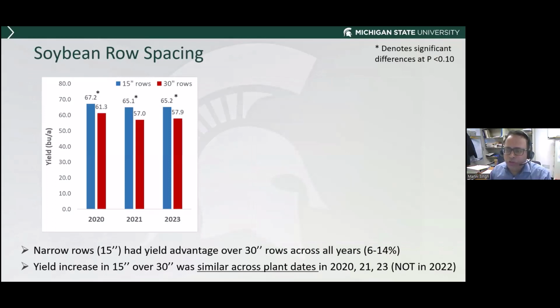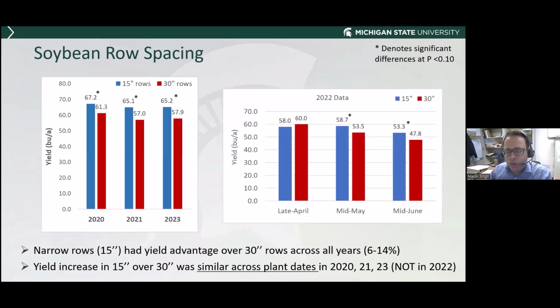Row spacing is another one that everyone thinks about, right? And now we have a lot of data showing that in soybeans, narrow row spacing, 15-inch rows, does benefit. Across the years, you can see 3 years worth of data here, where we had this 6 to 14% yield improvement with narrow row spacing across multiple planting dates. 2022 was the only year where we did not see a yield benefit from narrow rows during this early season planting.